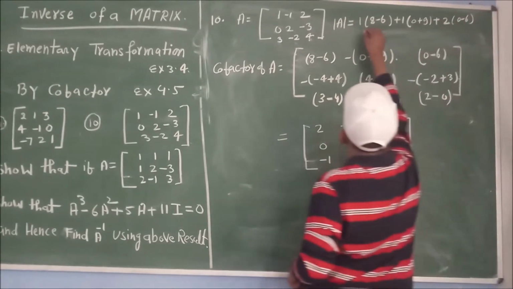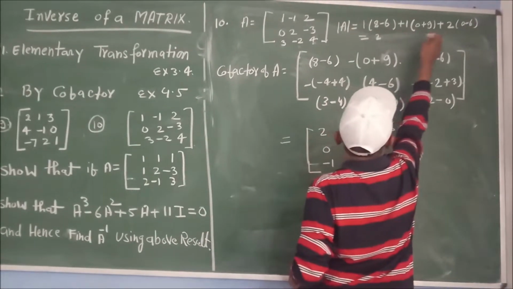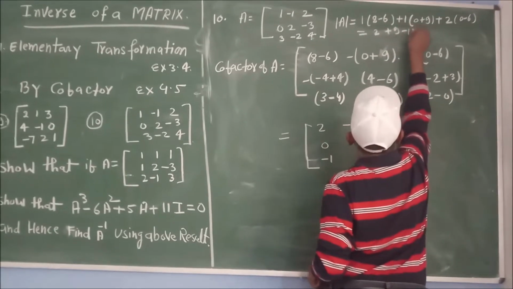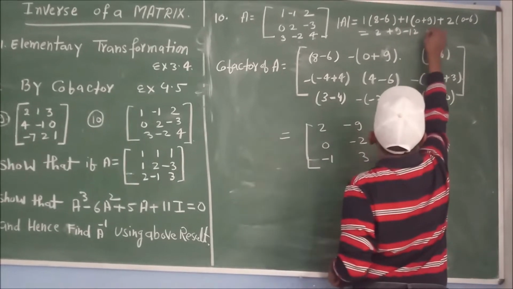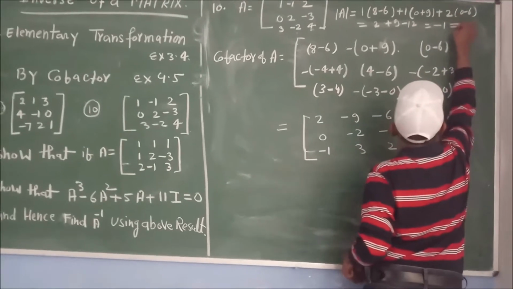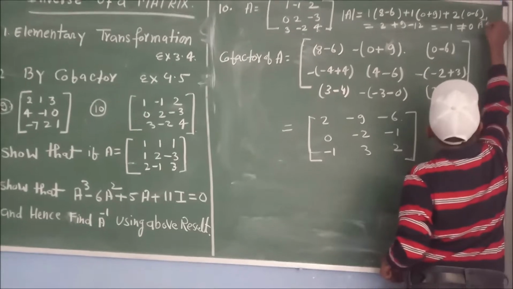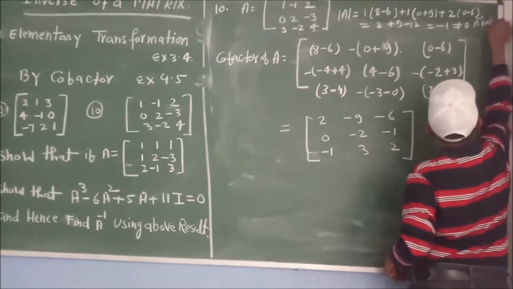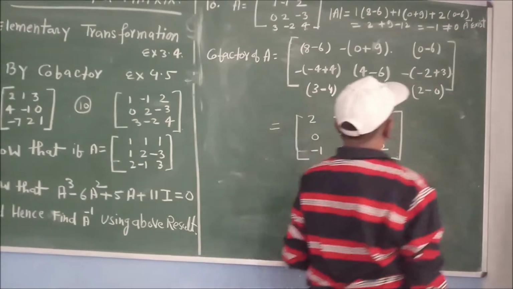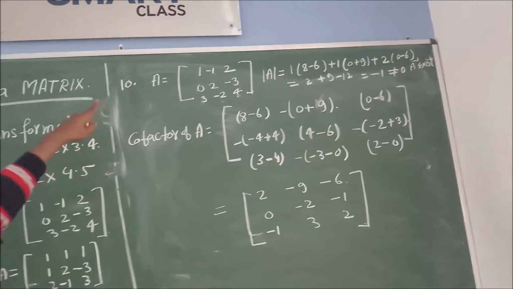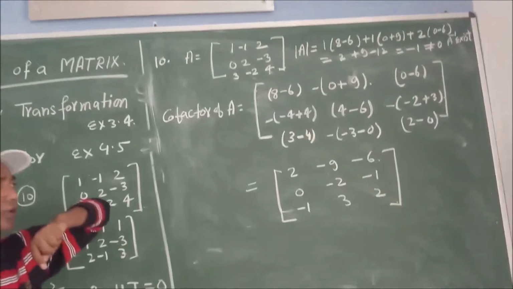So this will be equal to 2, 9 into 1 plus 9 minus 12. So this will equal minus 1, not equal to 0. So A inverse exists. A inverse exists means we can calculate the inverse of A.